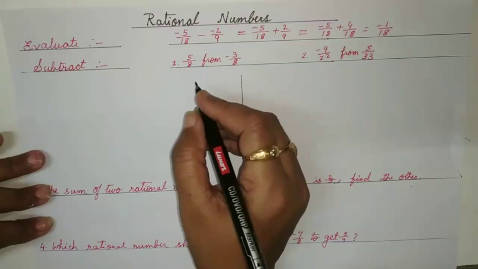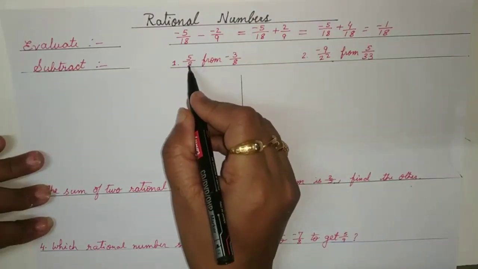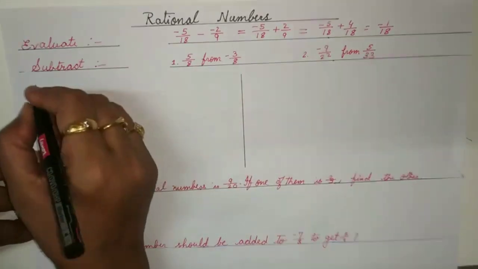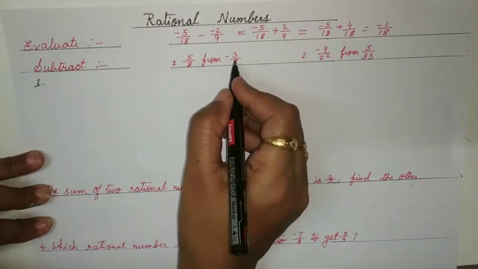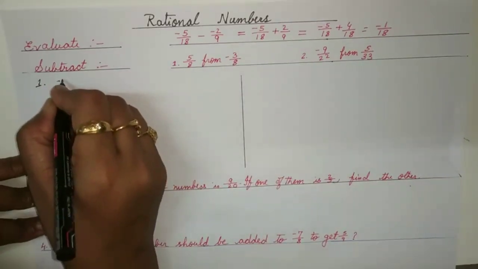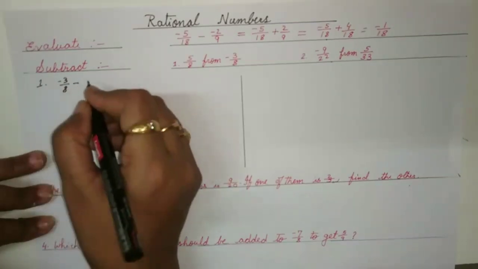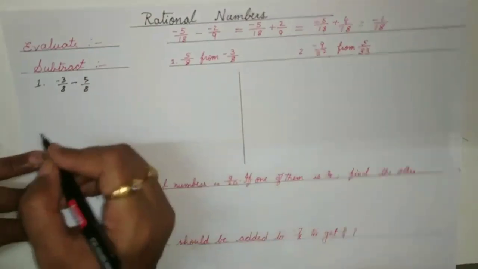So let's do one question, and the question is: subtract 5 by 8 from minus 3 by 8. So for number 1, "from" means this number will be written first, minus 3 by 8, subtract, so minus sign, the number is 5 by 8.